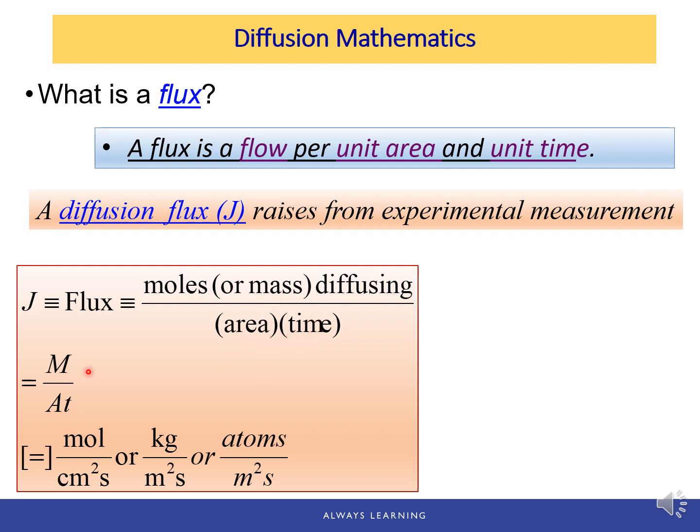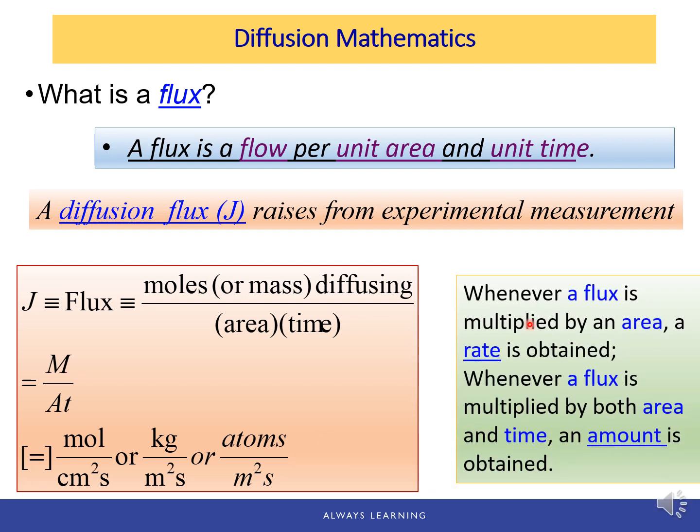Mathematically, this is expressed as mass over cross-sectional area over time. The unit can be moles per square centimeter second, kilograms per square meter second, or atoms per square meter second, depending on the given units and the specific problem.